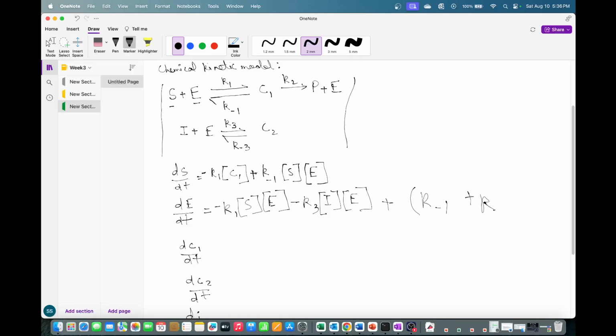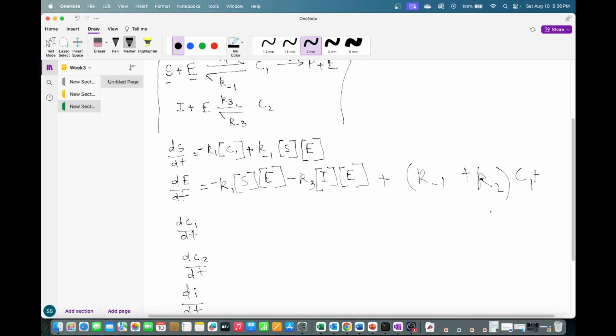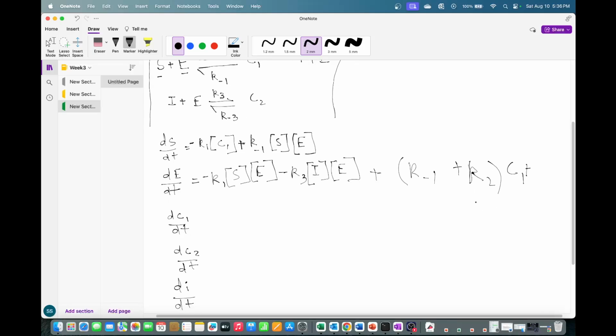So K2 into C1. Plus, here also E is getting used up and E is getting formed by K minus 3. So you take either a minus of K3 into I into E to show the using up of E, or you put a positive of K minus 3 into C2, right?